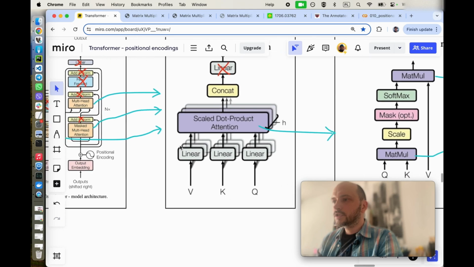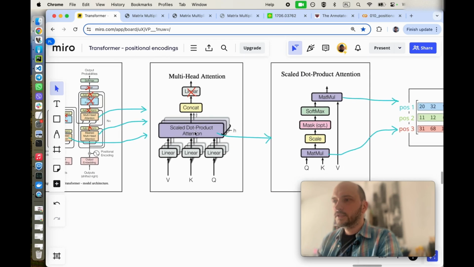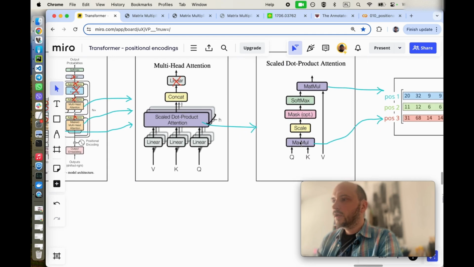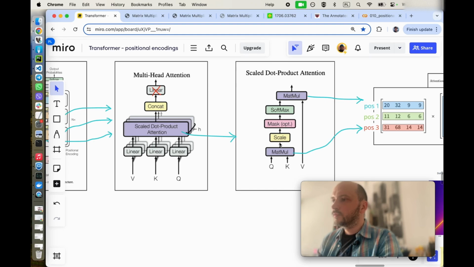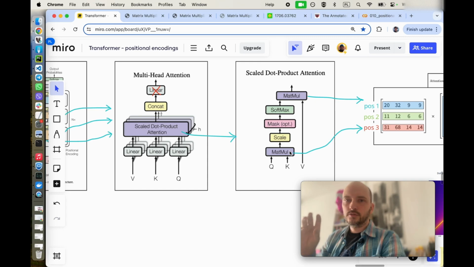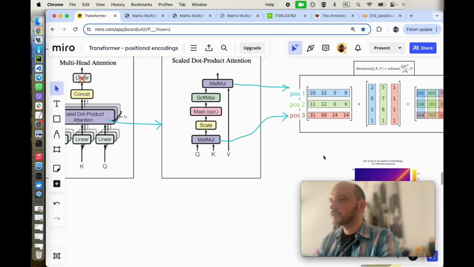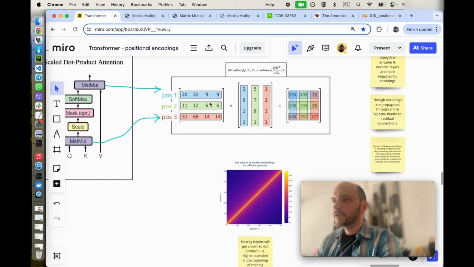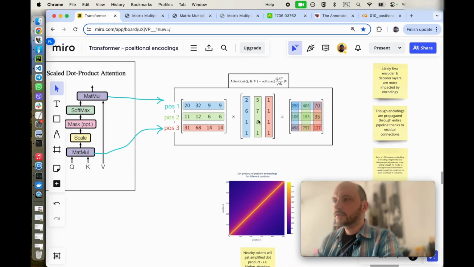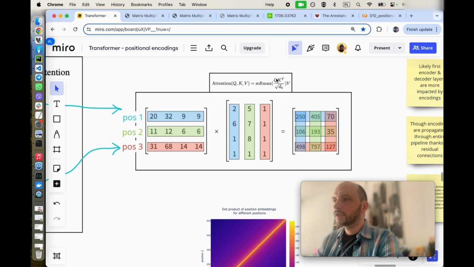And in attention layers, the main thing that is impacted is this attention, and in attention we have these two multiplications that actually do amplification of attention according to the positional encodings. So as you have already seen, we have matrix multiplication in there, and in the formula it looks like that.